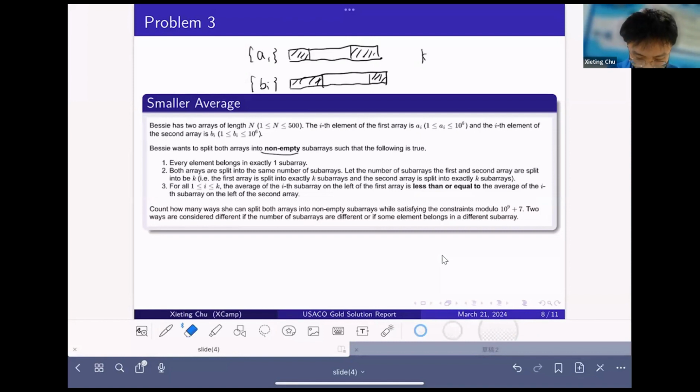And you need the average value of A in the i-th part to be less than the average value in the i-th part of B. And you need to count the number of splits modulo 10 to the 9 plus 7.